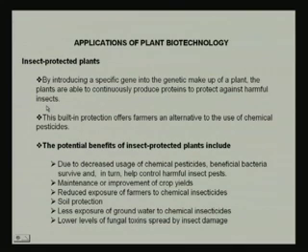Now, when we are talking about insect protected plants, what are we doing? We are introducing a specific gene into the genetic makeup of a plant, and that plant is able to continuously produce a protein to protect itself from harmful insect bites. Say, for example, Bt toxin. Bt toxin is a toxin produced by Bacillus thuringiensis.